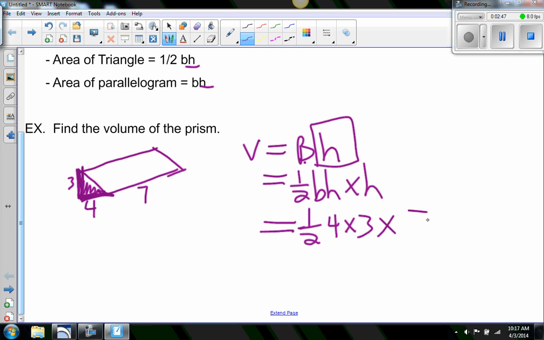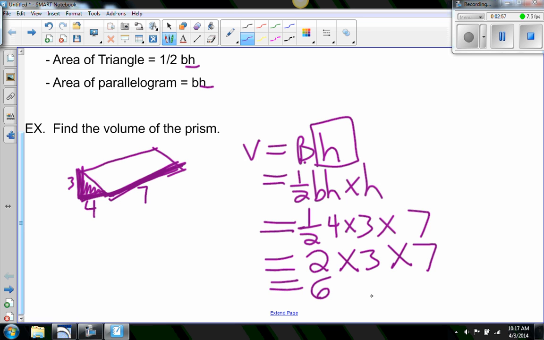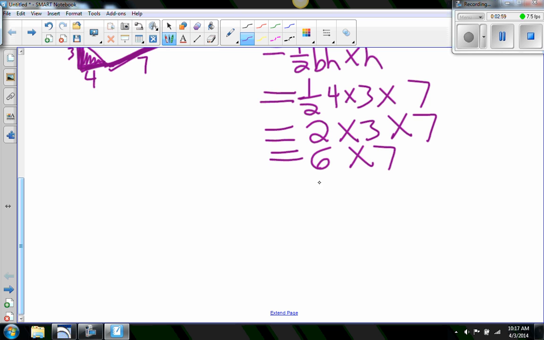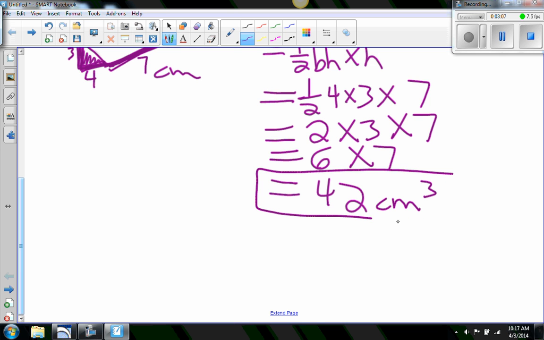And then you have the height of the whole thing, which is this. It's laying on its side, so it's 7. So 1/2 of 4 is 2. And then you have 2 times 3 times 7. 2 times 3 is 6. 6 times 7. So your volume for this would be 42, and I should have put a label, so we'll do centimeters. 42 cubic centimeters. You have to label it with this little 3 for volume.